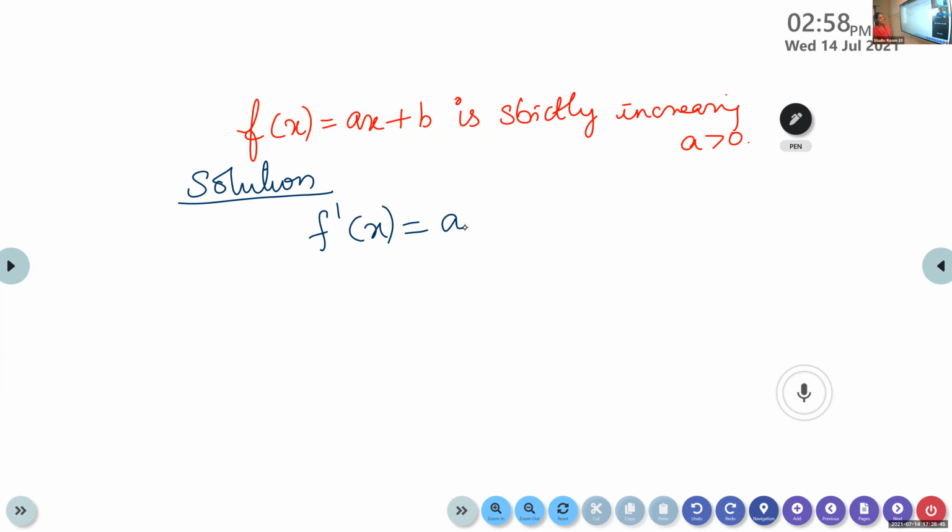A is a constant, a real number. F dash of x is a. If a takes positive values, then we can say it is increasing, isn't it? Therefore, f of x is an increasing function if a is greater than 0.